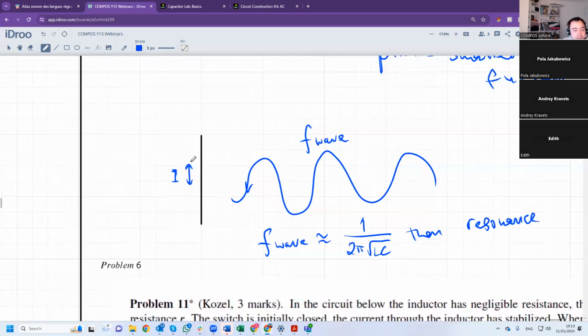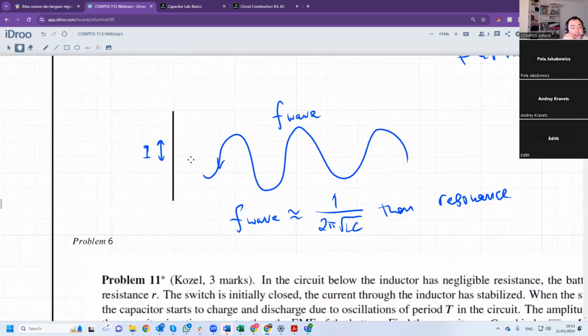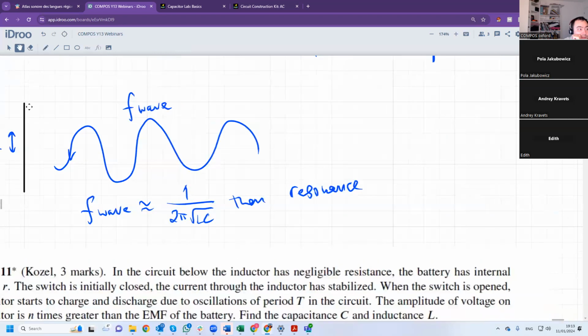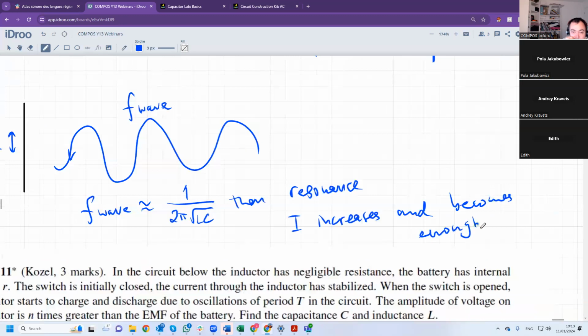So we have resonance. The microcurrents in here turn into macrocurrents. The current increases and becomes enough to produce sound through a loudspeaker.